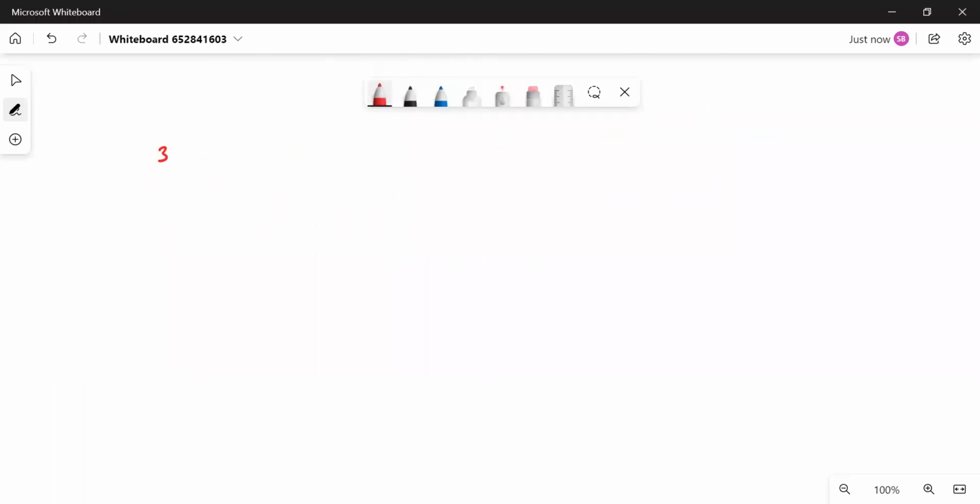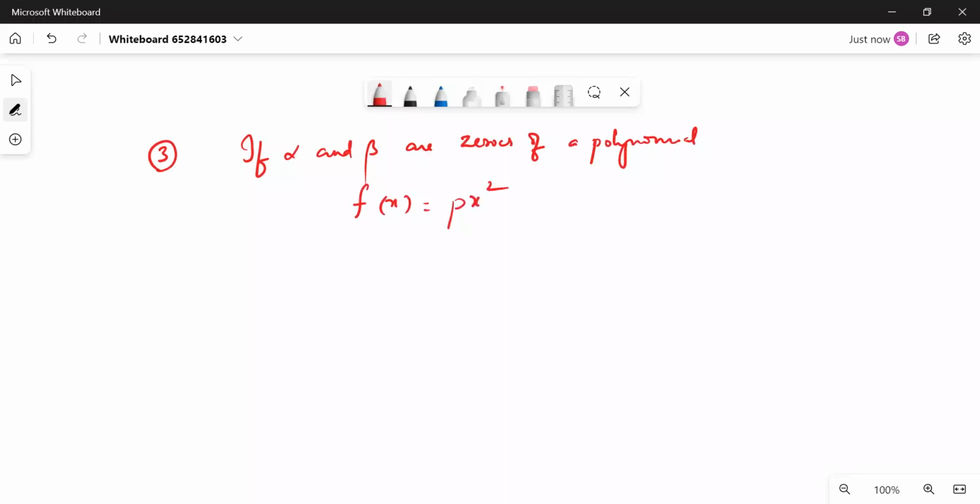See question number 3. If alpha and beta are zeros of a polynomial f of x is equal to px square minus 2x plus 3p and alpha plus beta is equal to alpha beta, then what is the value of p?